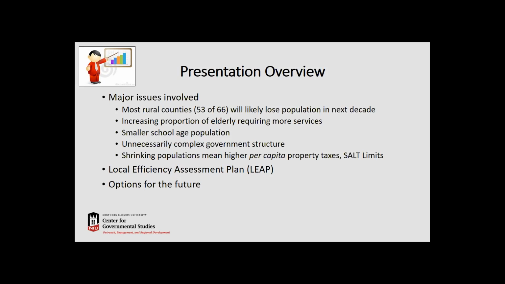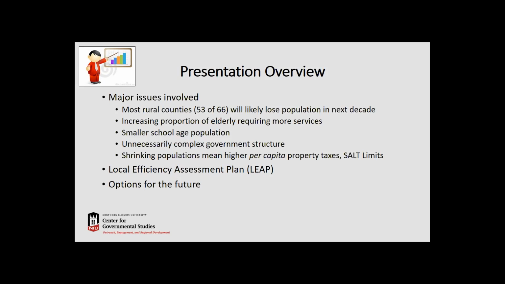But what this is going to end up with at the end of 5, 6, 7 years is that we're probably going to have a complex government structure that was suitable maybe 100 years ago when it was started, but it's less suitable now. And if you think ahead, you're probably going to have a significant increase in property taxes per person.